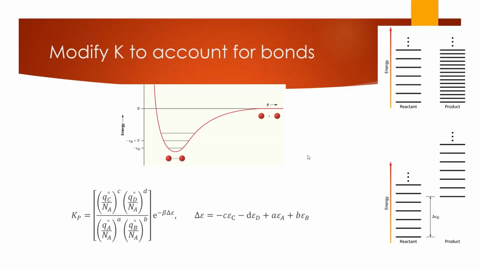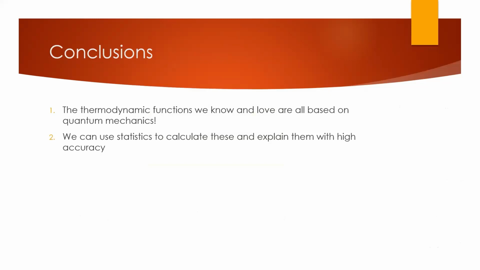So that's all we have here for statistical thermodynamics. And our conclusions are pretty straightforward. We've been talking about these ideas for a while, and we finally had the chance to put them all together. The thermodynamic functions that we know and love are all based off of quantum mechanics.